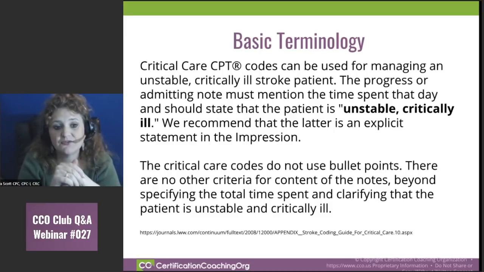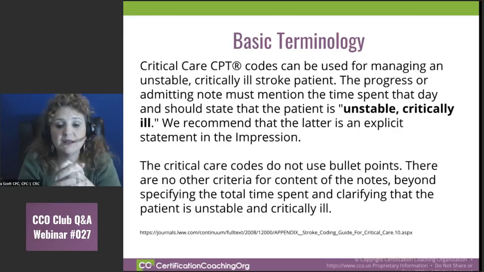What it means for critical care for CPT, as they defined it, is that you're managing an unstable or critically ill patient. Now, this is stating stroke patient because that's where I got this example from, okay? So it doesn't have to be a stroke patient, but like a stroke patient is what it really should say.